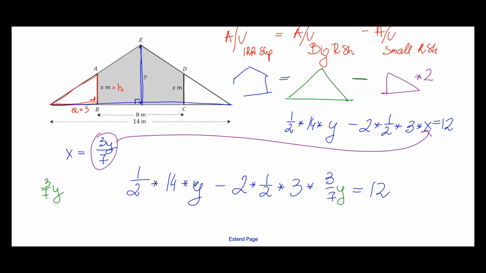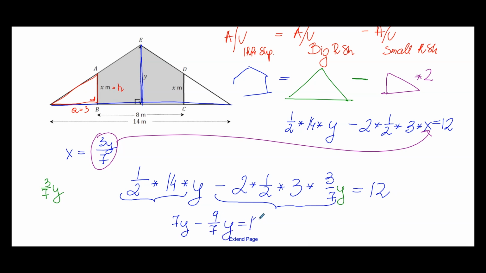So what I have here, I have a number that is beside y, and then I have all these numbers that are beside y. They are all multiplied. So what I can do, I can put that in my calculator, press equal, and I get that that is 7y minus, and all of these numbers, put them in the calculator, press equal, and I'm going to get that that is 9 over 7y.